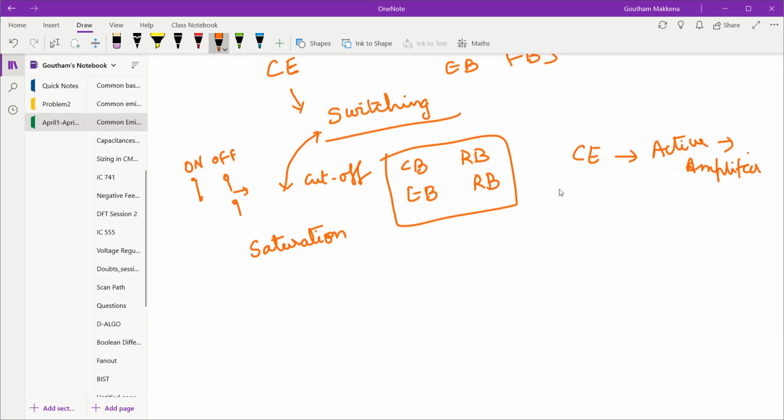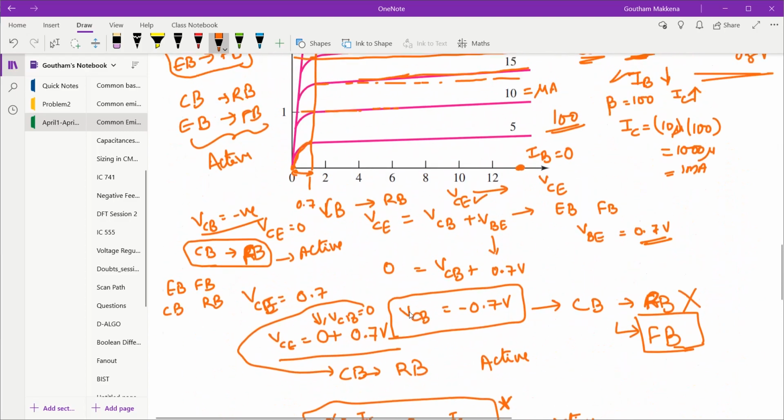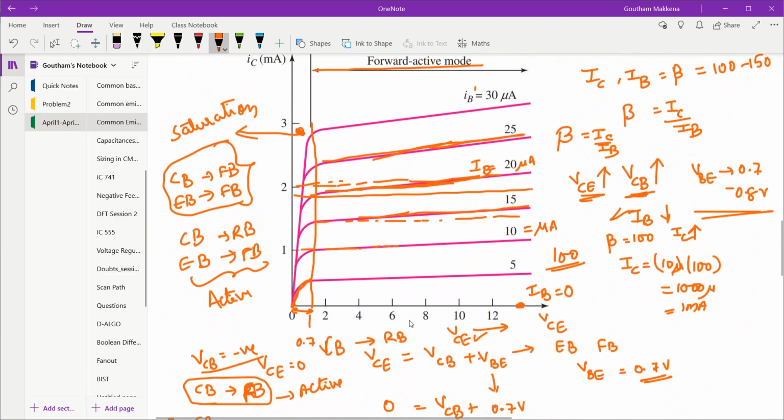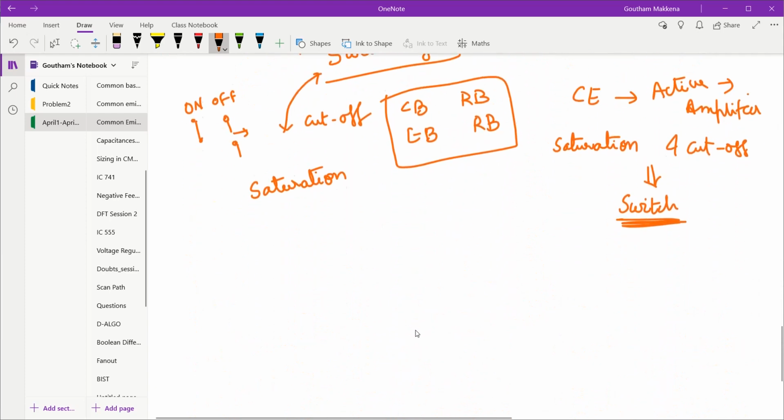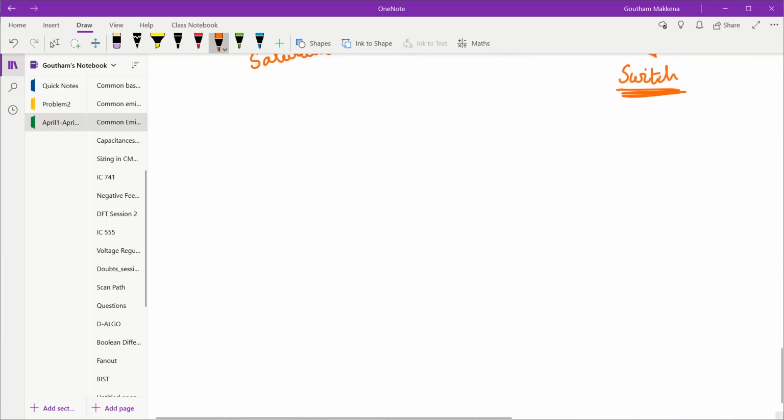And if you make use of the saturation region and the cutoff region, you are using the transistor as a switch. This is the most widely used configuration of a transistor, be it NPN or PNP. That should end the input and output characteristics of the common emitter configuration.